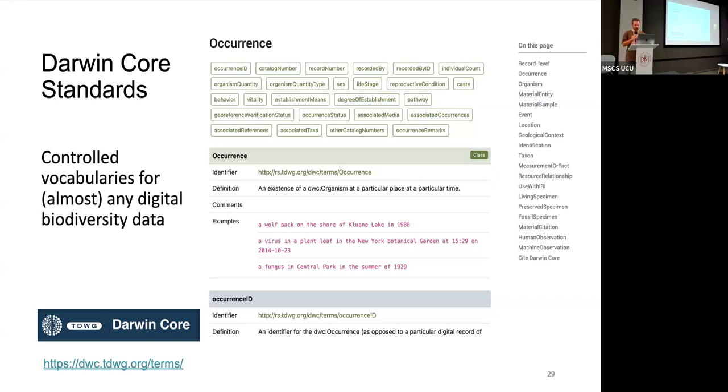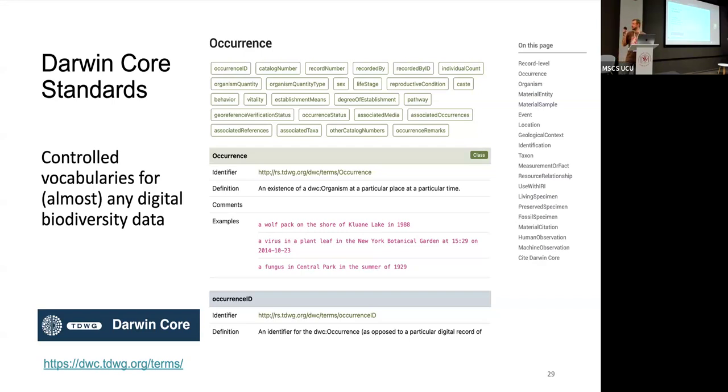The most well-known and the most widely used, especially in ecology and biodiversity informatics, is the so-called Darwin Core standard, which is developed by the non-commercial, non-governmental organization abbreviated TDWG.